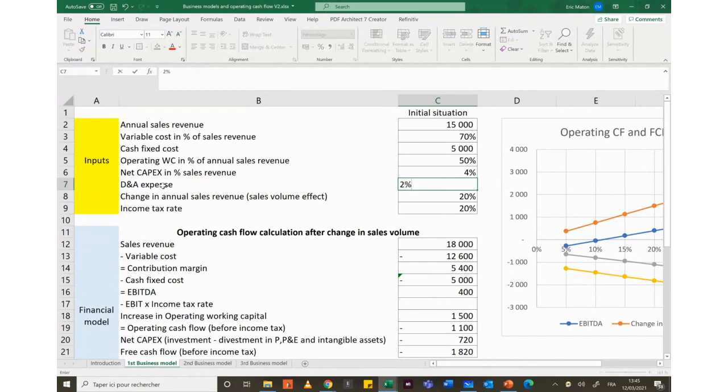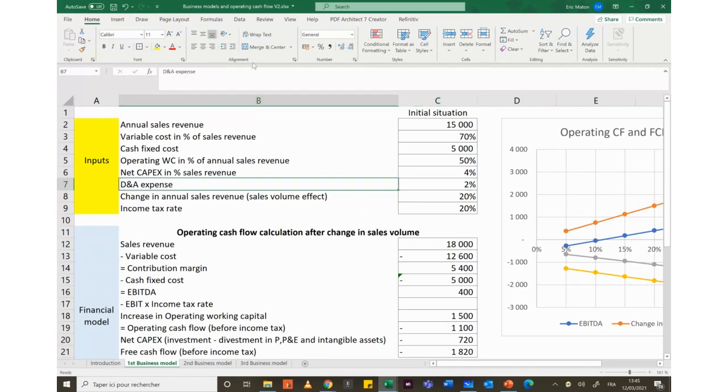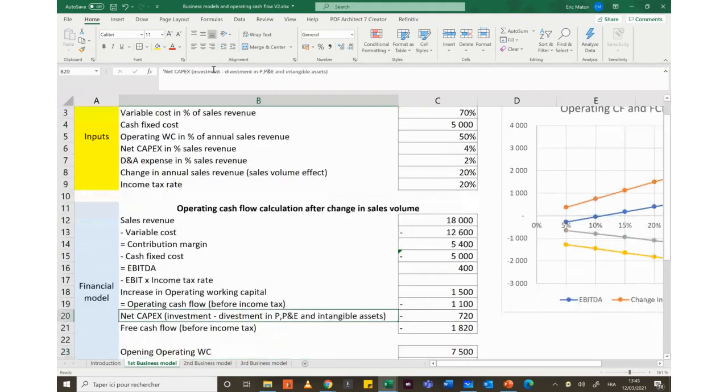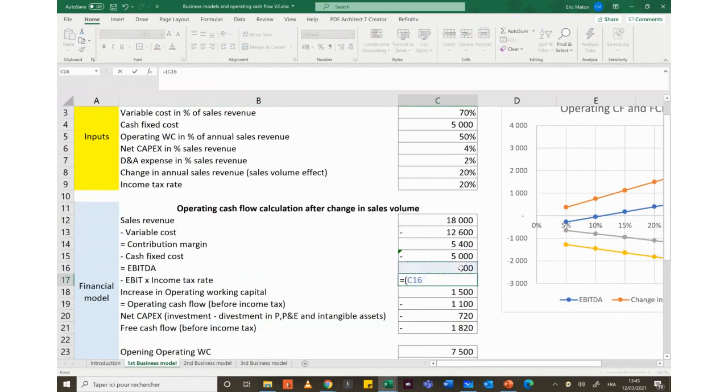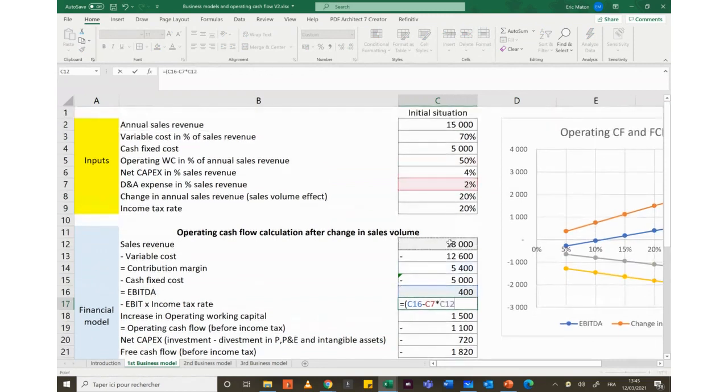It is not a fixed cost in this case, but 2% in percentage of sales revenue. So in this case, we will increase the variable part. So here it means we have to calculate the EBIT. The EBIT is the EBITDA minus the D&A expense multiplied by the sales revenue.